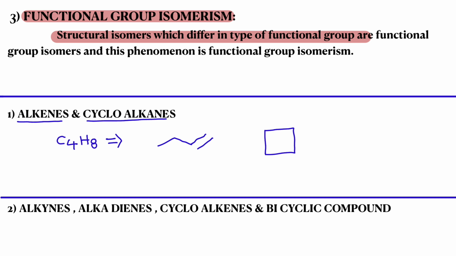In the first one, the functional group is the C=C double bond, and in the second there is in fact no functional group, just C-C single bonds. This is an alkene and this is a cycloalkane. Not only functional group isomers, they are also said to be ring chain isomers.